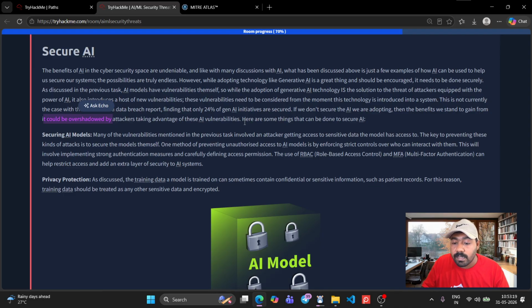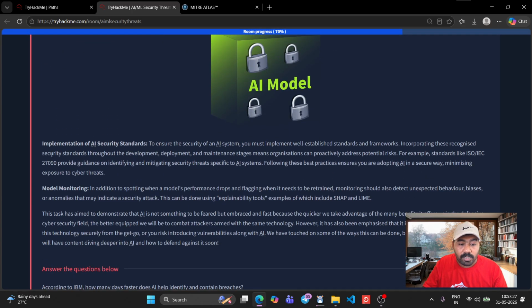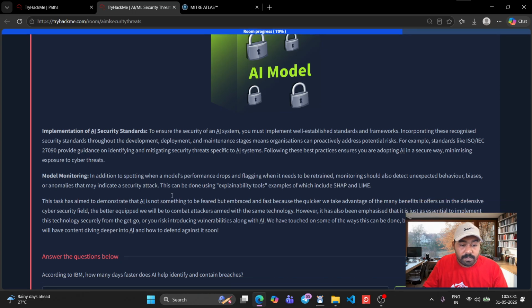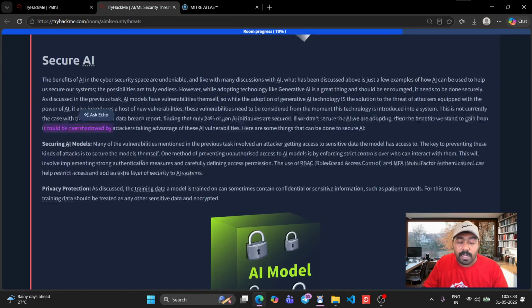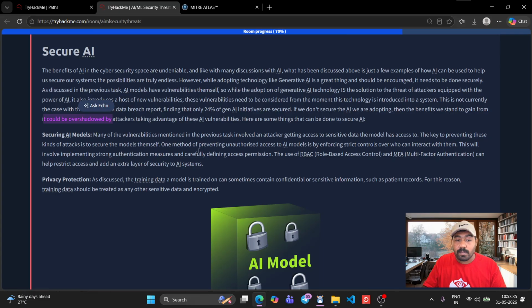However, there are things we can do to secure AI: securing AI models, privacy protection, implementation of AI security standards, and model monitoring. These are the certain things to protect the AI which they are mentioning.